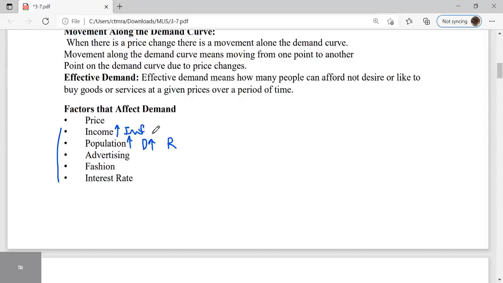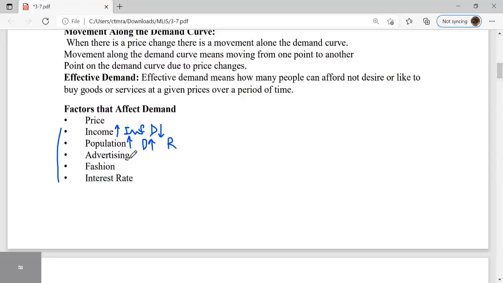Demand will fall, because as income rises, people who used to have this low quality rice will switch to better quality goods. So the demand for premium rice will increase, and the demand for this low quality rice will fall.